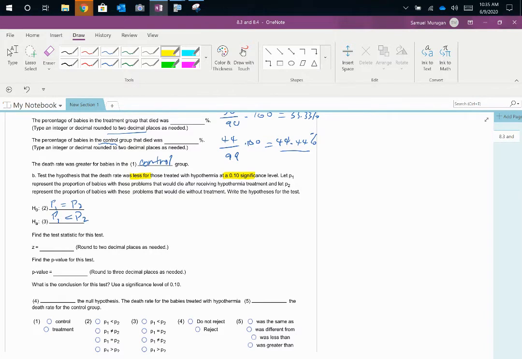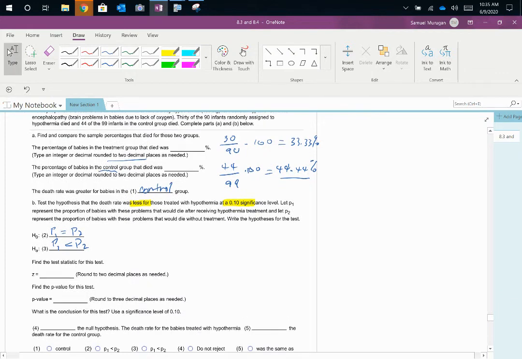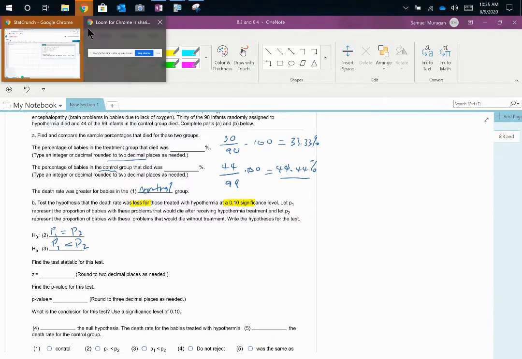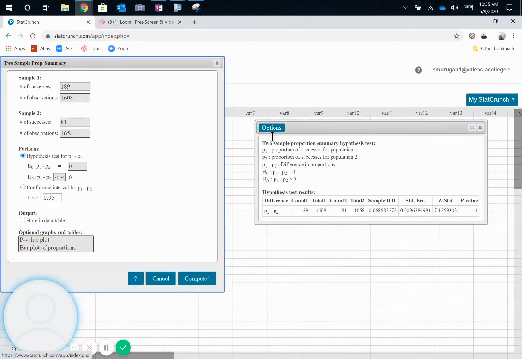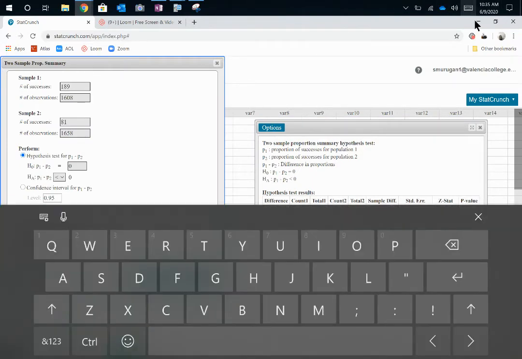So we're going to go ahead and put these numbers into StatCrunch. Let's get our numbers here. We've got 30 over 90 and 44 over 99. All right, let's go ahead and hit the StatCrunch program. And at this time, I'm just going to go ahead and edit the numbers, make it faster.